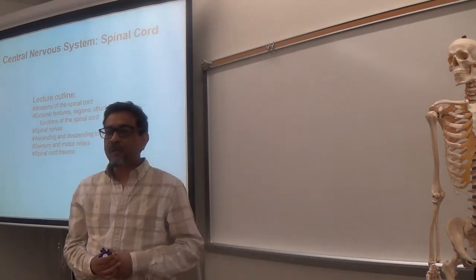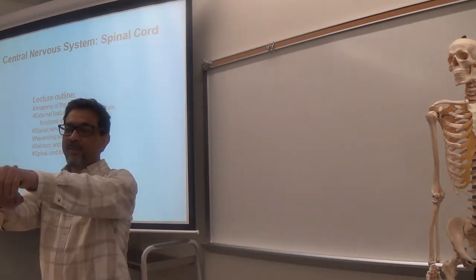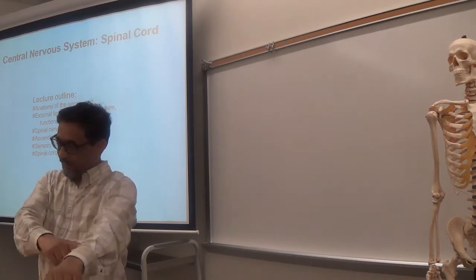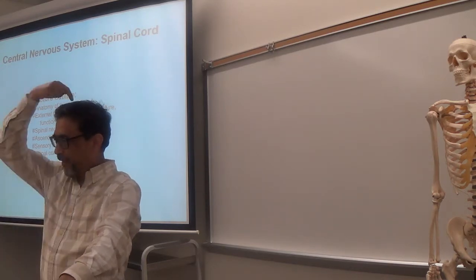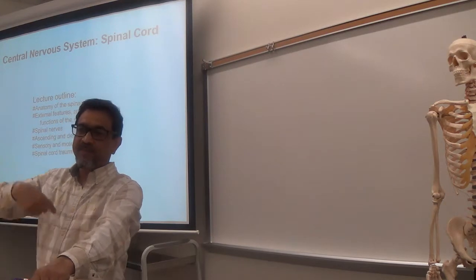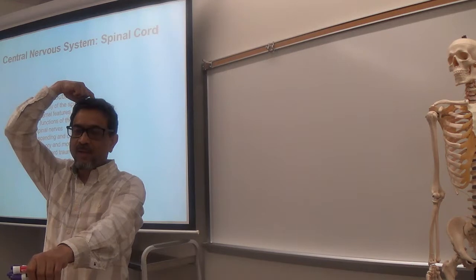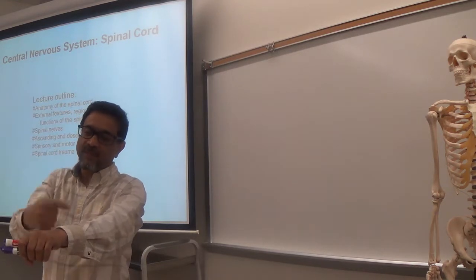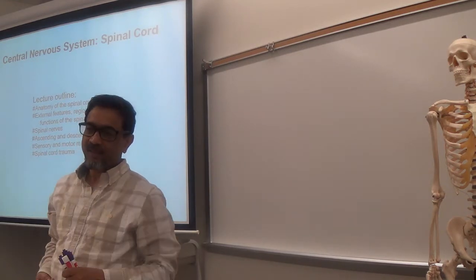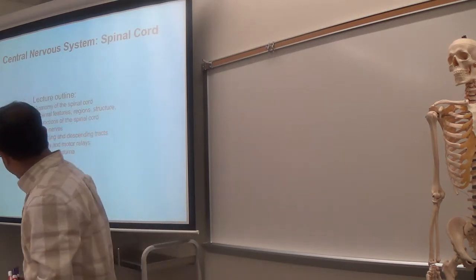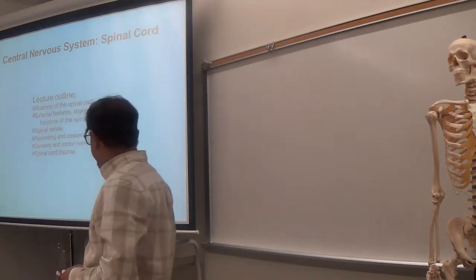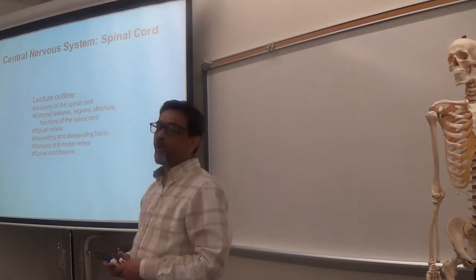Along the sensory pathway, if I touch the skin, sensory signal from the skin goes to the brain, right? So along this sensory pathway, from the skin all the way to the brain, in different locations, the signal is relayed. We'll see the relay of sensory and motor signal.